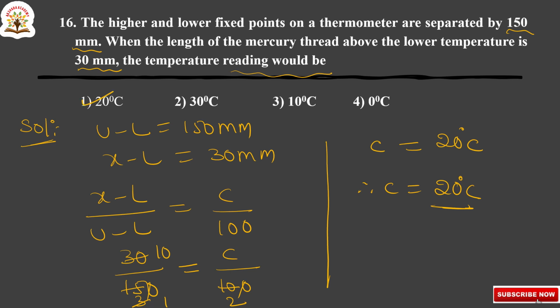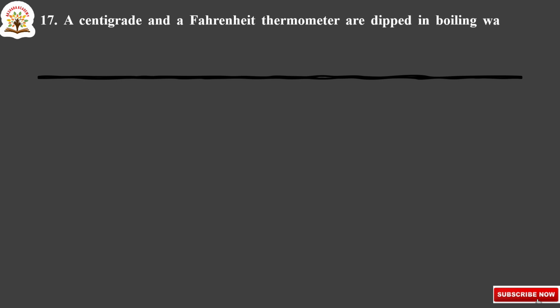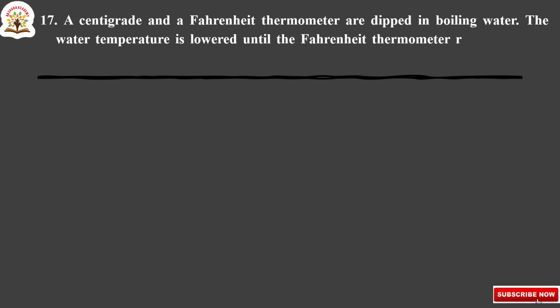Okay, next we will go to the next question. A centigrade and a Fahrenheit thermometer are dipped in boiling water. The water temperature is lowered until the Fahrenheit thermometer registers 176 degree Fahrenheit.